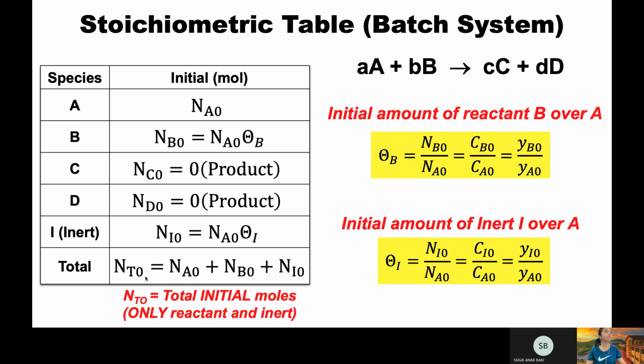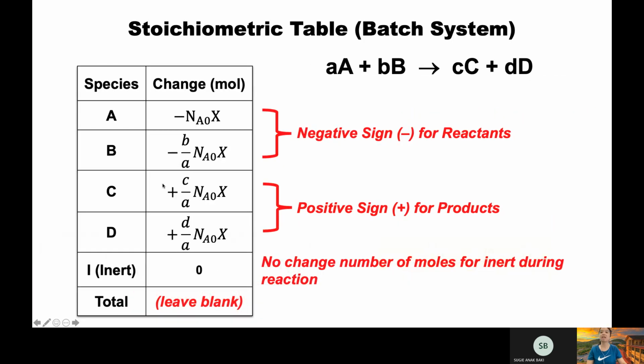Okay, next column, change. Remaining pula. I belum sampai remaining, tapi pergi change. Okay, change. So for the column change is to address how much changes of each compound ataupun berapa banyak bilangan mole produk dan reactant akan bertambah atau berkurang in the reaction. What do I mean by that?